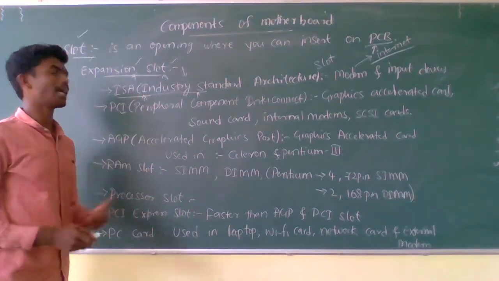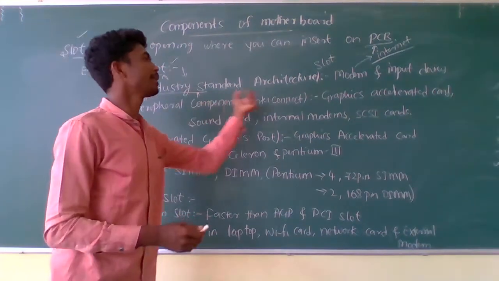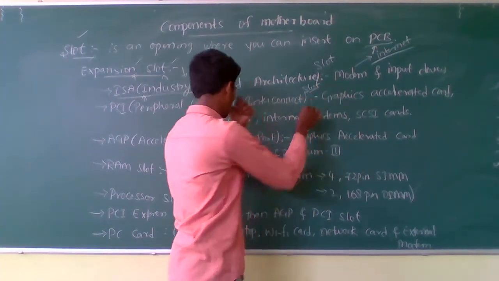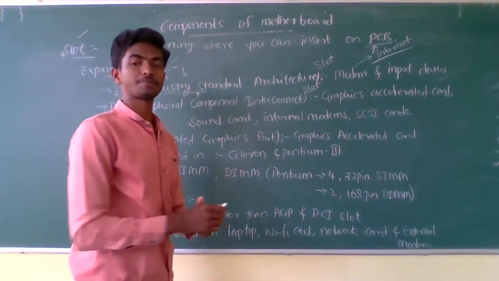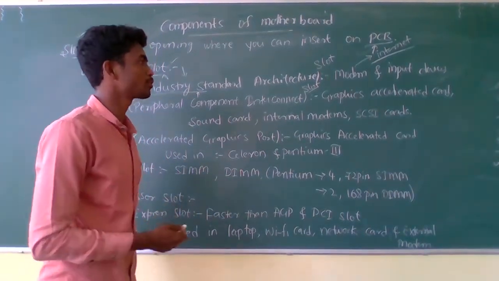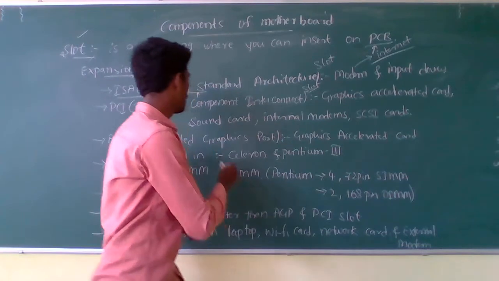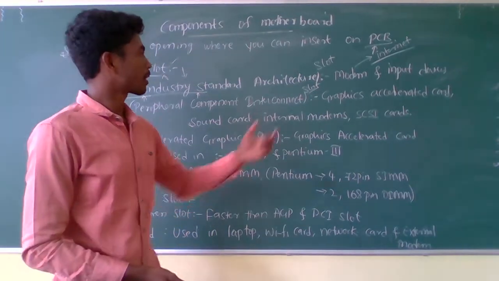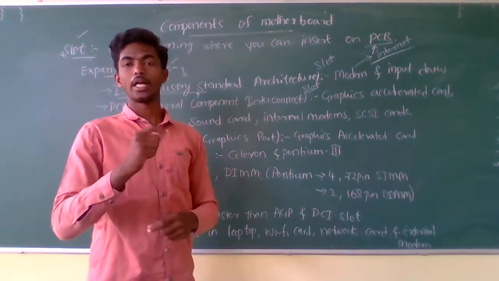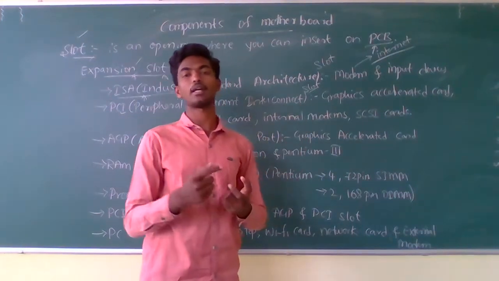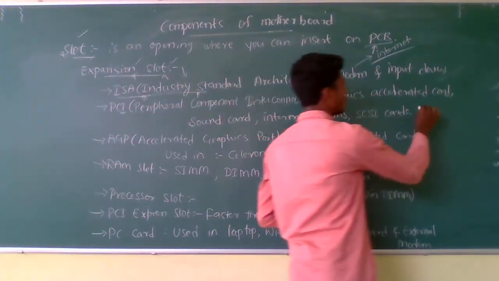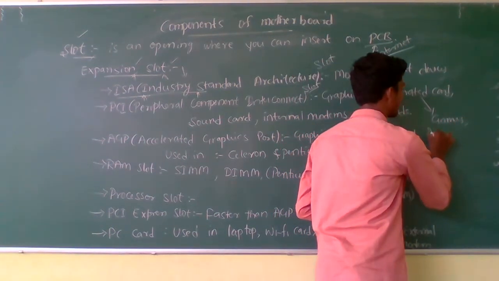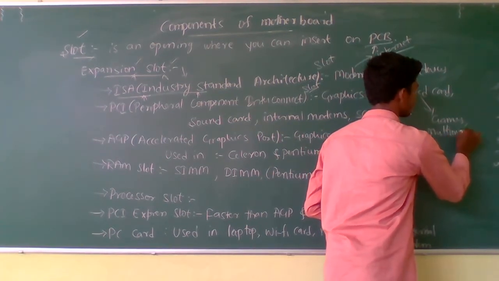The second one is PCI, Peripheral Component Interconnect. It is another expansion slot. PCI slots are used to connect the graphics accelerated card, sound card, internal modems and SCSI cards. A graphics accelerated card enhances the graphical capacity of a computer, for example in playing games and multimedia applications.